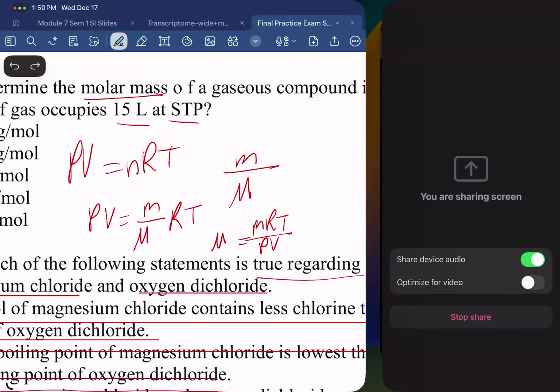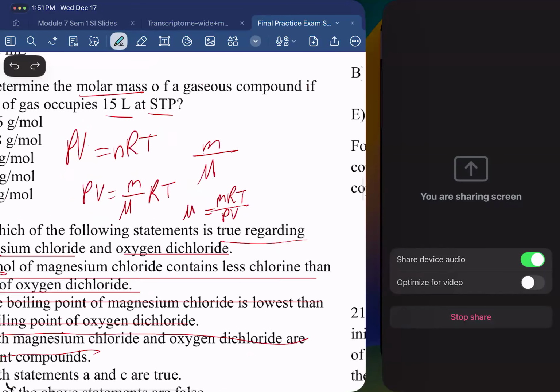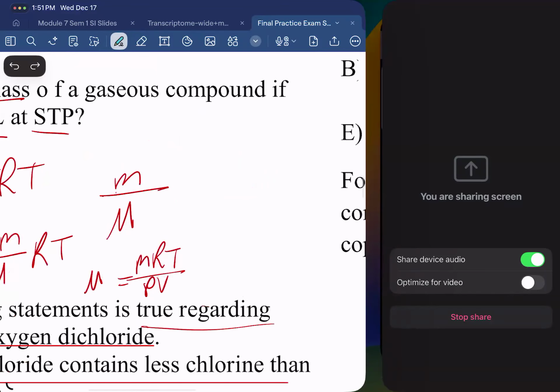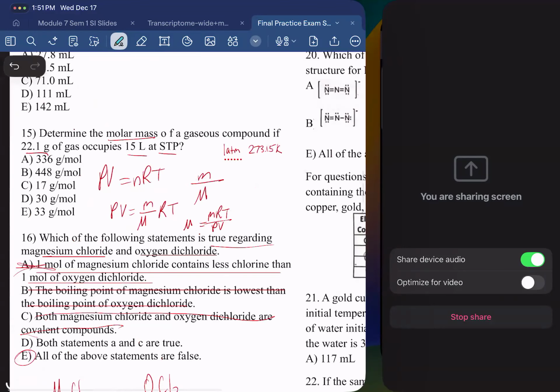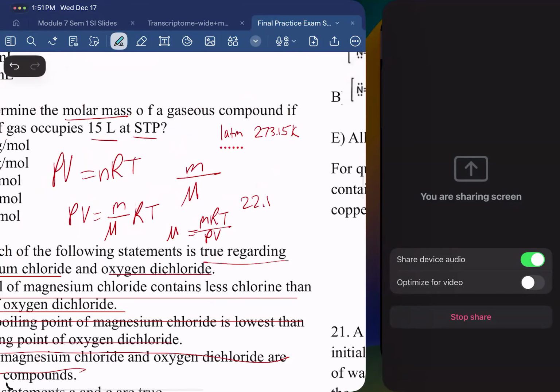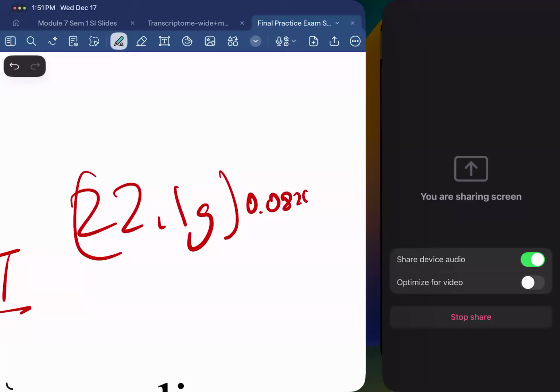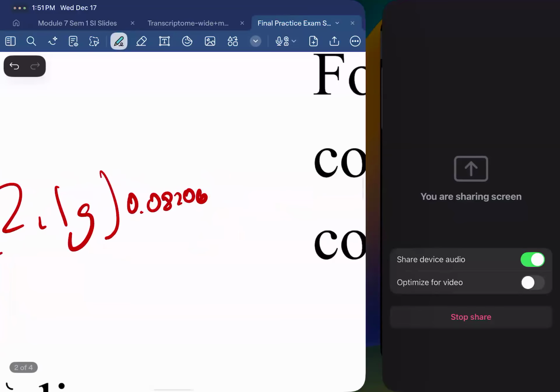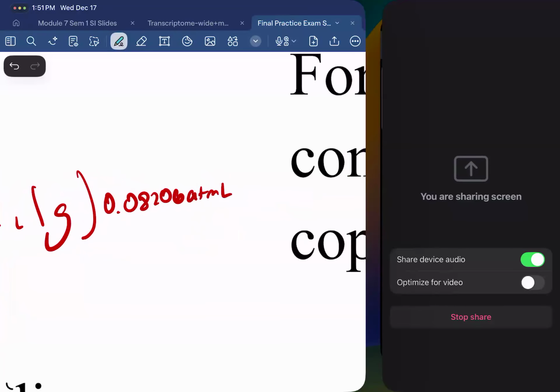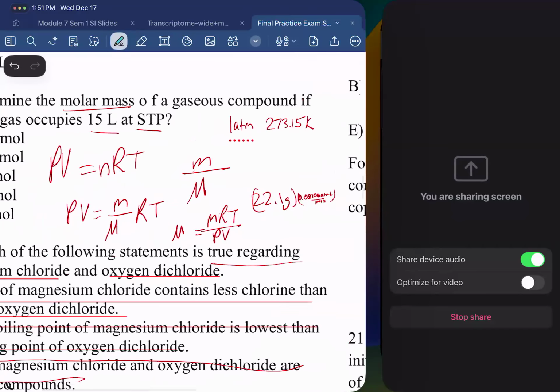Okay. So from there, what we can do is plug in. We know STP happens at 1 atm and also at 273.15 Kelvin. So we can plug those values in. We have 22.1 grams, and then we have 0.08206 atm liter over mole Kelvin, that's the gas constant.